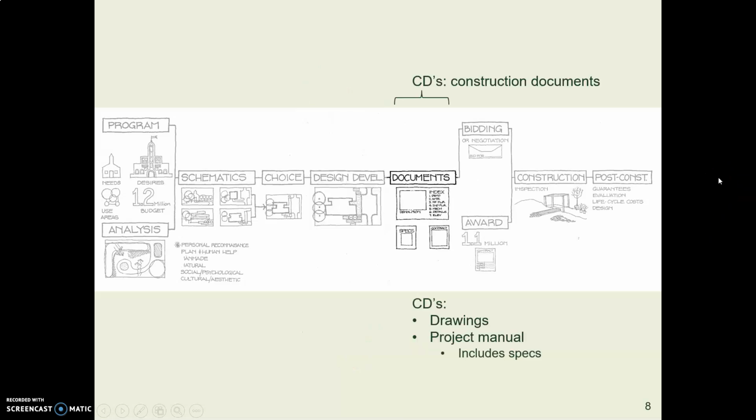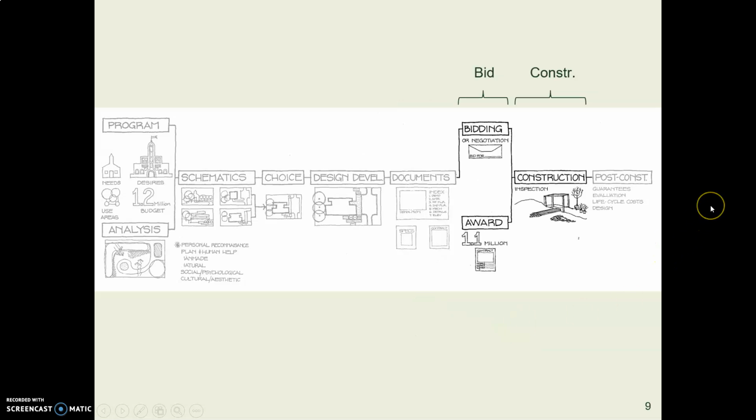And at that stage, we go on to the construction documents. This is where you come in with the creating of the drawings. This is also where the spec writer comes in. And the project manual, as you know, includes not only specs, but instructions for bidding. So a bid happens, contractor is selected, and now we can begin construction.